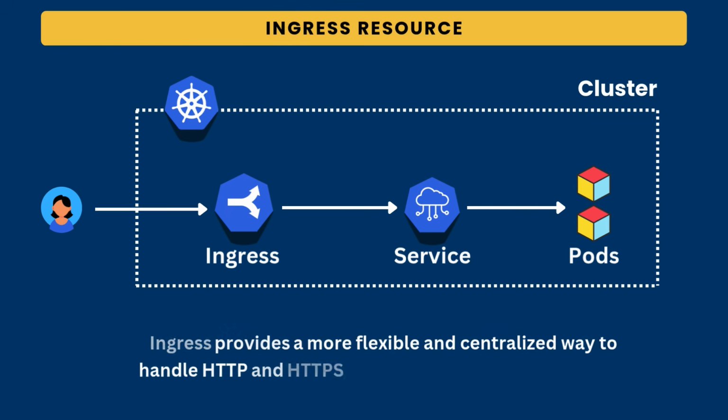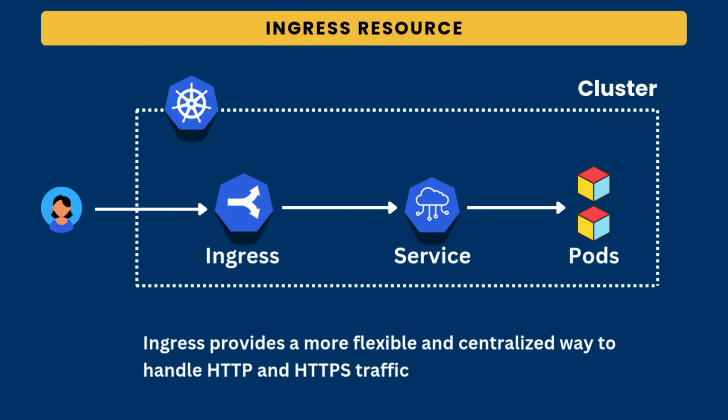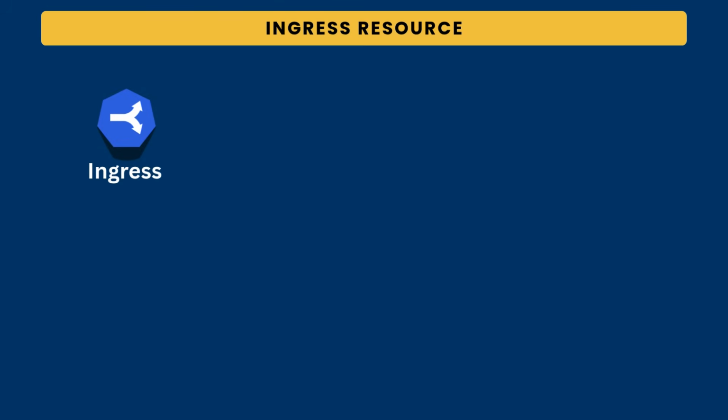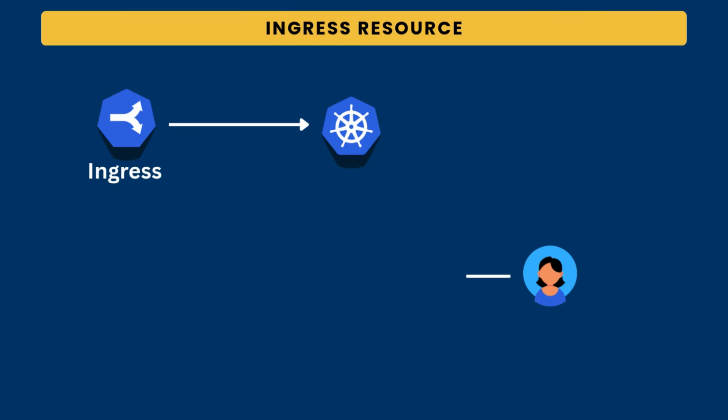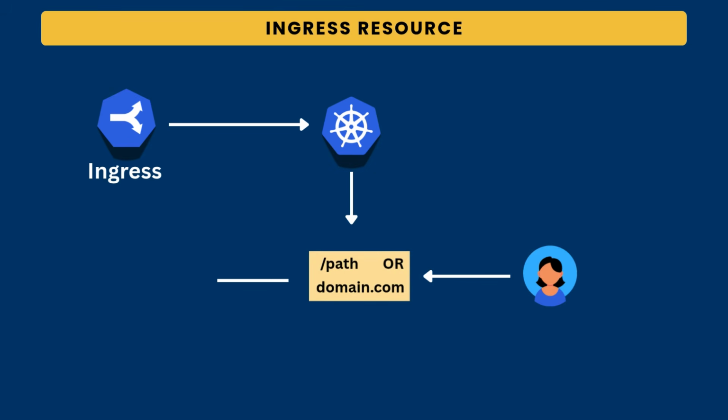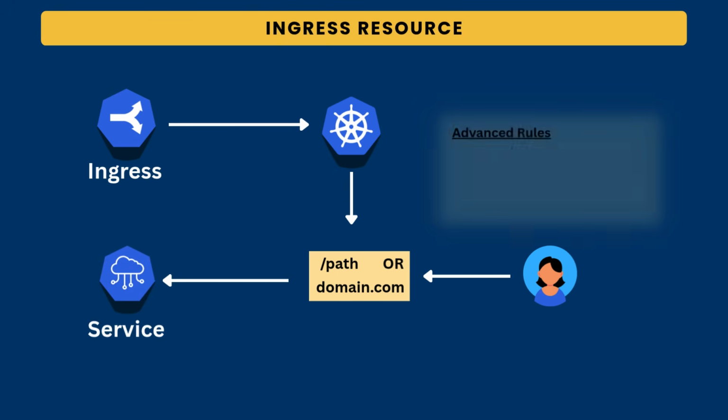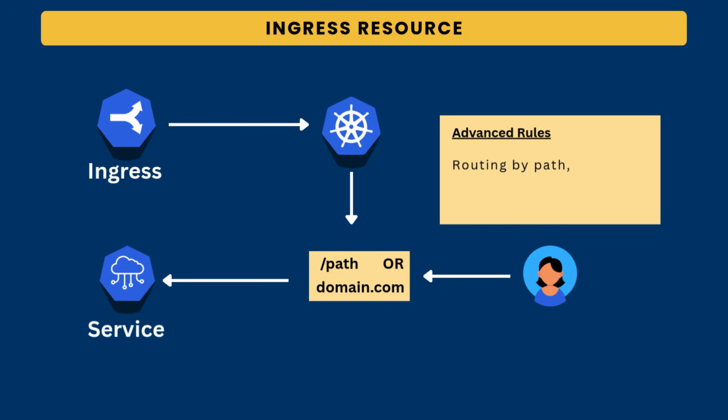Ingress provides a more flexible and centralized way to handle HTTP and HTTPS traffic. Think of Ingress as a map that tells Kubernetes: whenever someone visits this path or domain, send them to this service. It also supports advanced rules like routing by path, host name, TLS, SSL, etc.